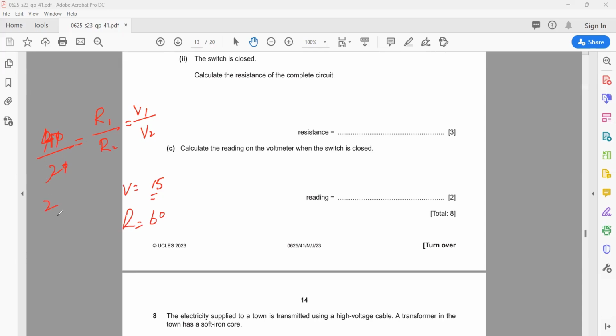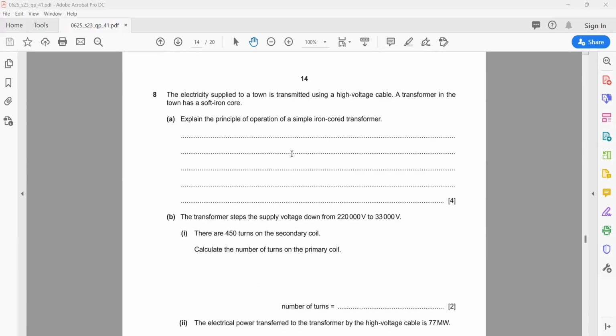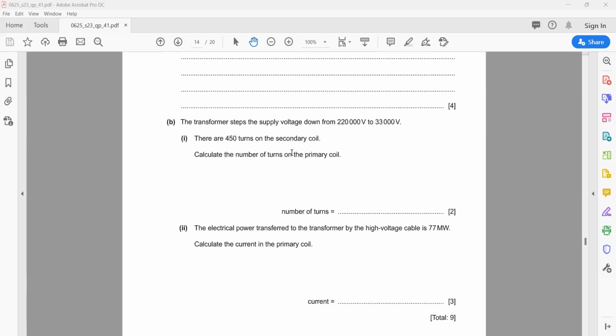The ratio will be 2 over 1. In the same way, the voltage ratio will be 2 over 1. So if the total is 15, the lower will be 5 and the upper will be 10. So this is how they find it. Just like a proportion, comparing them. Can we move on now? Is this clear? Yeah, this one is clear.